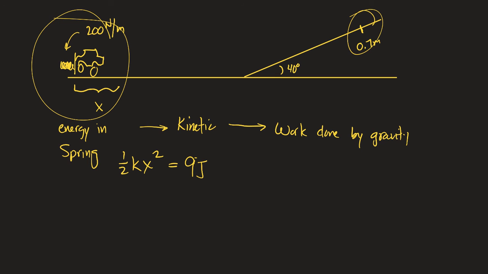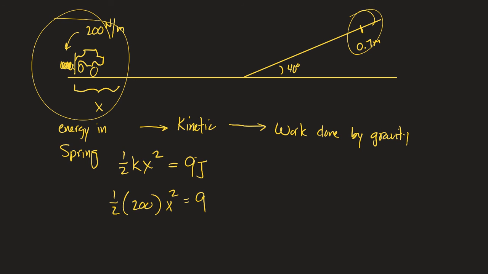So if I want to make sure the car gets the 9 joules, I better make sure I pull the car back far enough against the spring for it to get the right amount of energy to shoot up the ramp. Now, you note I don't really care what this answer is. It's demonstrative. But you probably got a couple of centimeters.